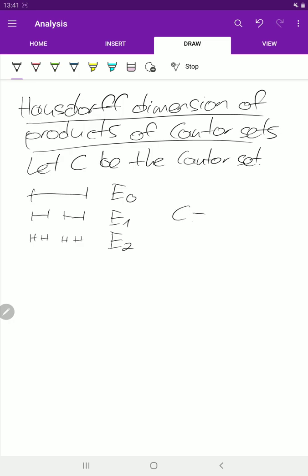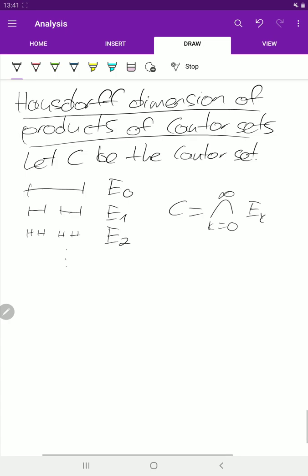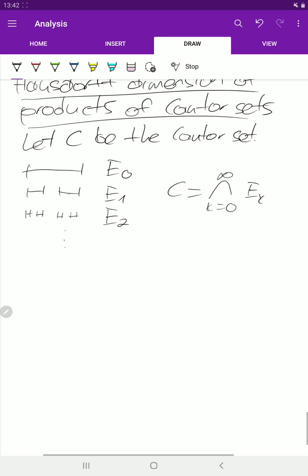So we take C just to be the intersection of these Ek's, where of course Ek is a subset of Ek minus 1.